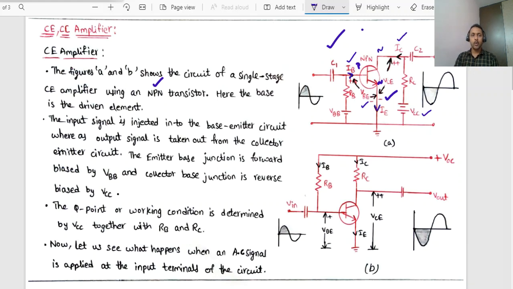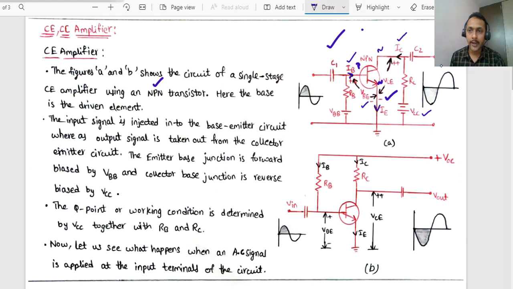Dear students, while attempting this question in an exam, it is important to draw the circuit diagram and also highlight the variables present in the diagram, so that you can get more marks by indicating all the variables.